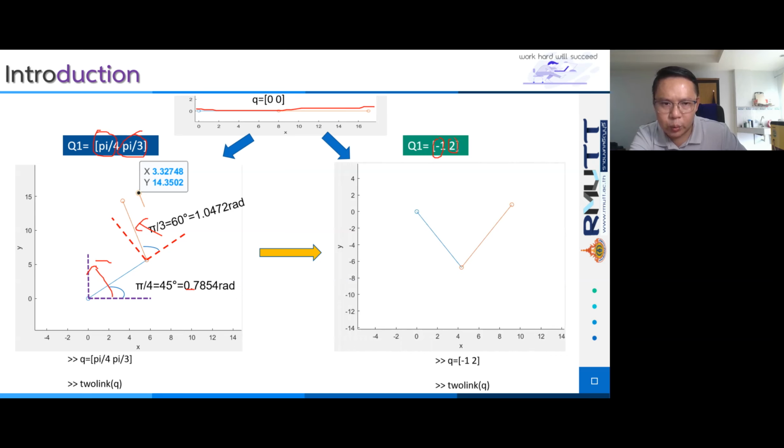-1 and 2, the first link rotates clockwise 1 radian, about 57 degrees. The second link rotates counterclockwise 2 radians, about 120 degrees.